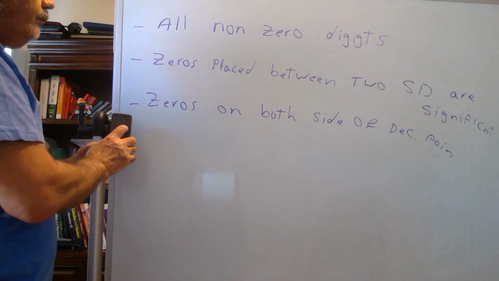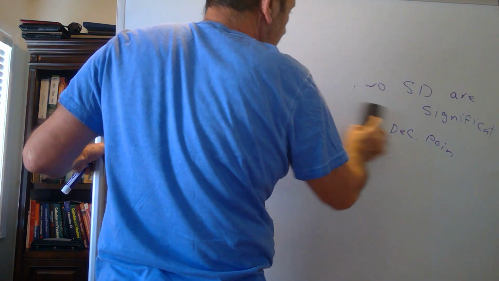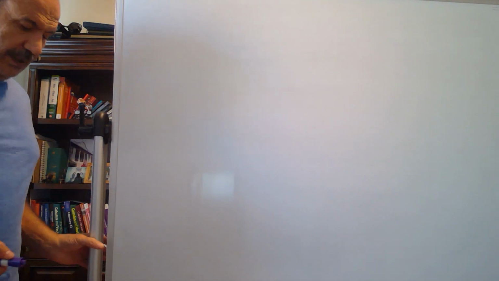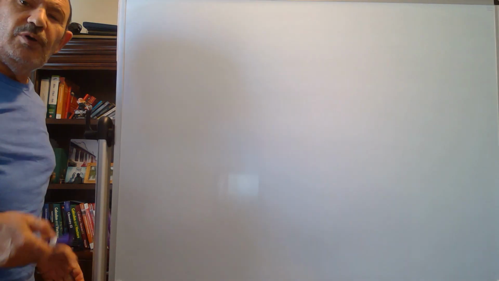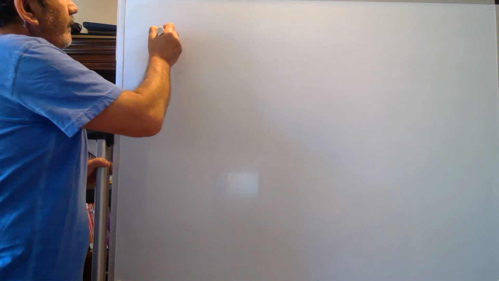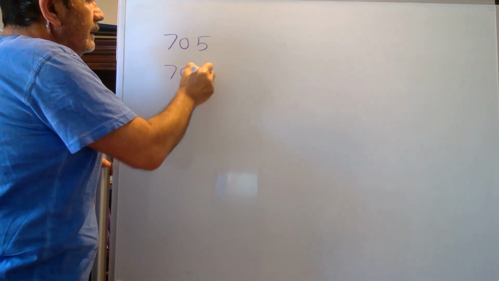Now, let's talk about precision and accuracy. What is precision and what is accuracy? A number with more significant digits is more accurate. As an example, 705 and 700.